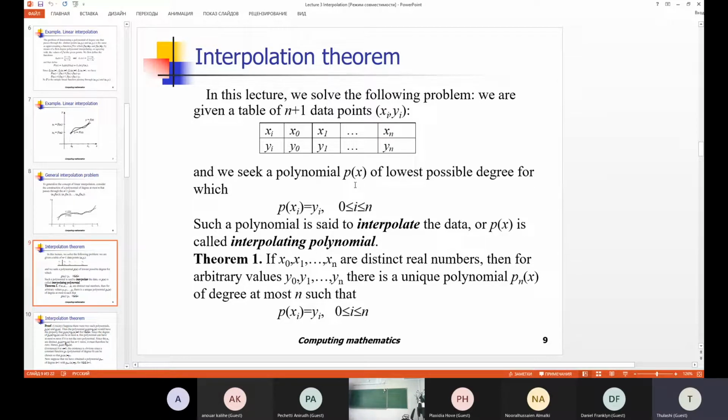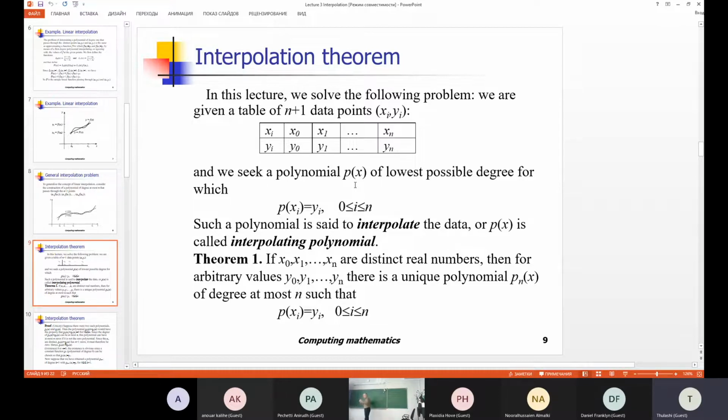Parabola. Oh, parabola. Yeah, parabola. The graph of a quadratic polynomial. And I can find a quadratic polynomial that passes through these points. Something like this, right?